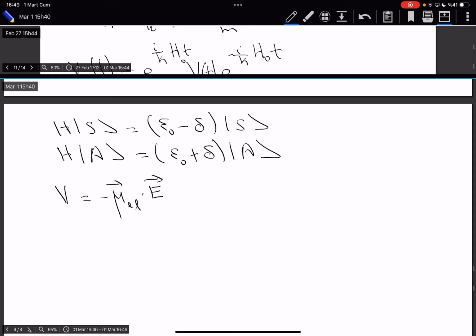Now you see what happens if we have a constant electric field. No, sorry. Well, let's not repeat what we had done already before.